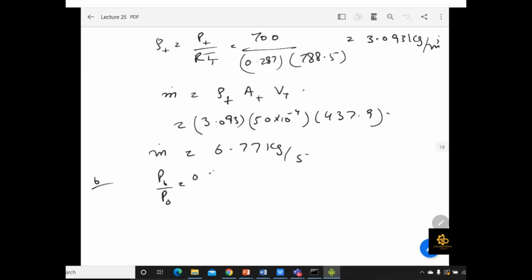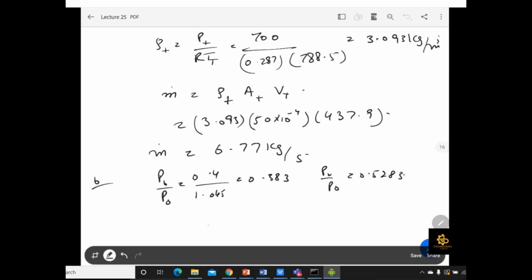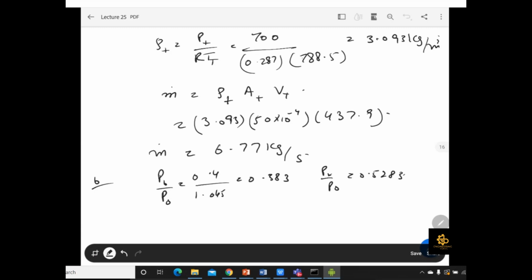The back pressure 0.4 megapascal over 1.045 megapascal is equal to 0.383, and our P star over P naught value is 0.528. So our back pressure over P naught is less than P star over P naught. What is the meaning of this? It means our flow becomes sonic, the Mach number becomes 1, and the flow becomes choked, and at choked flow we get the maximum flow rate.